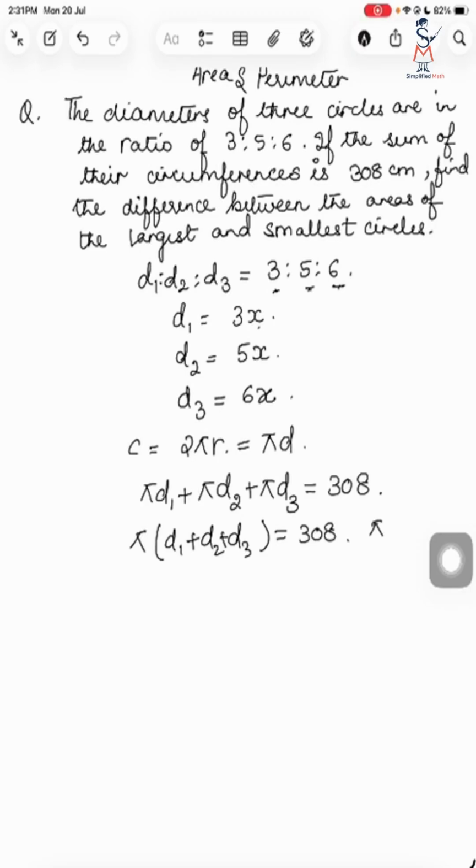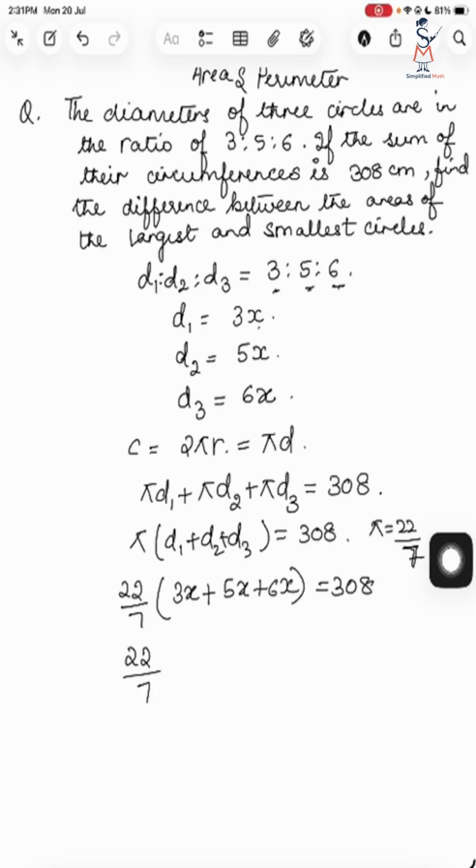Now pi value is taken as 22/7. So 22/7, d1 is 3x, that is the actual diameter, plus 5x plus 6x is equal to 308. 22/7 into 3x plus 5x plus 6x: 5x plus 6x is 11x, plus 3x is 14x, equal to 308. 7 2s are 14.